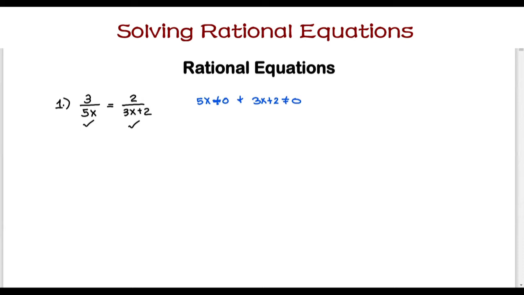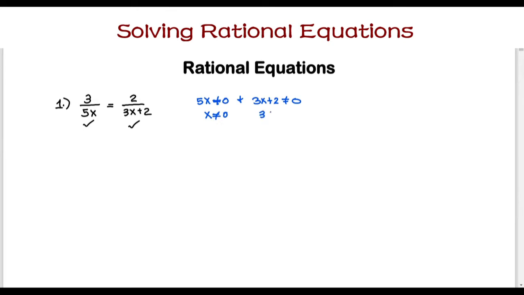Tapos, itatry natin i-solve si x, like an ordinary equation. Kunyari, ito: how do we solve for x here? We divide both sides by 5. What is 0 divided by 5? You get 0. So, bawal mag-zero si x. What about here?